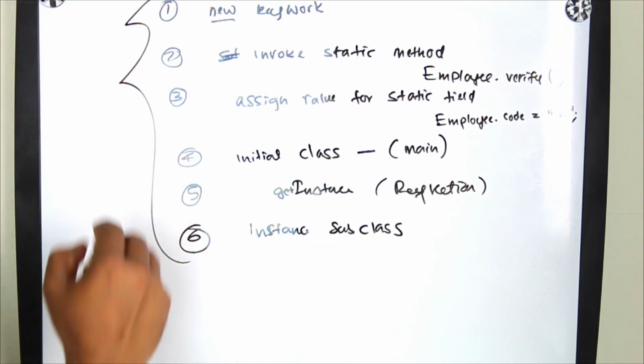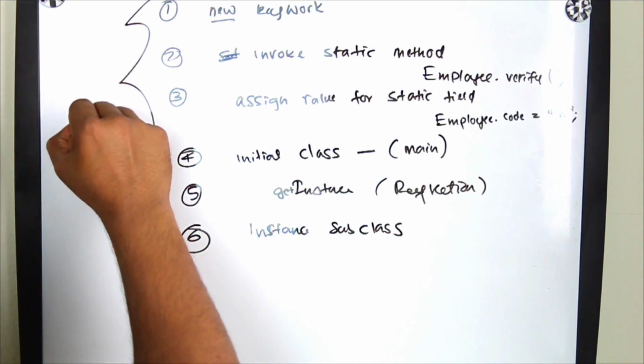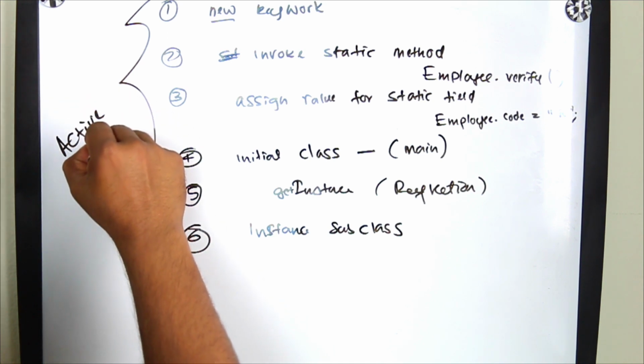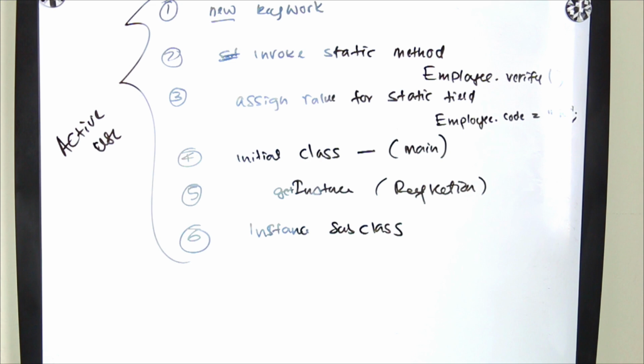Okay, all these 6 cases are considered active use for a class in Java. So the JVM has a rule: before any of these active uses, it must go through the instantiation phase.